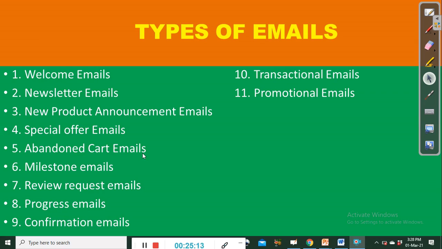The progress email is one very important email because it has to do with the progress that is made so far. It enables a business to actually monitor progress and highlight the progress as well. And that is really very, very important for every business.